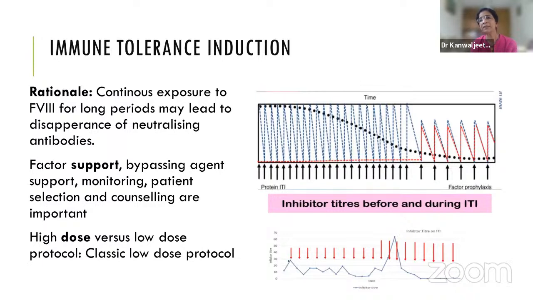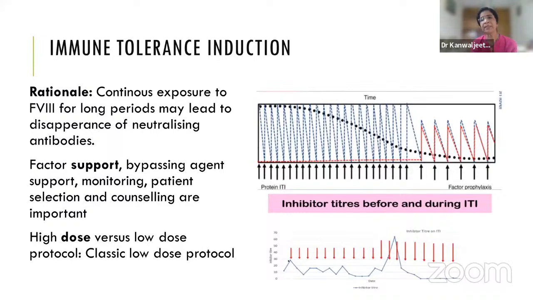So these inhibitors, in the presence of continuous factor VIII, decrease in titer because of consumption by factor VIII or a kind of desensitization of the immune system. Gradually, the concept is that the titer of antibodies will decrease, and this will lead to appearance of activity of the factor VIII that you were administering.